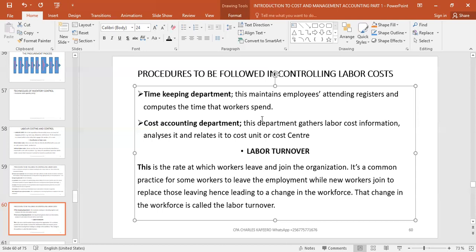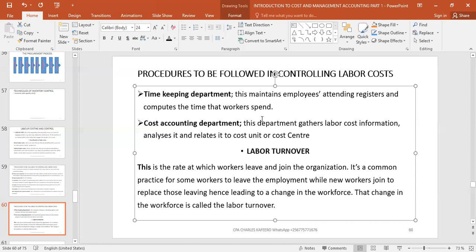So the role of a cost accountant is to make sure they pay you the exact amount of money for the exact hours you've worked in the organization. And that's all about how we accumulate those costs and how we can control the costs.